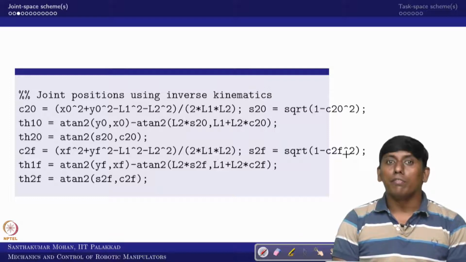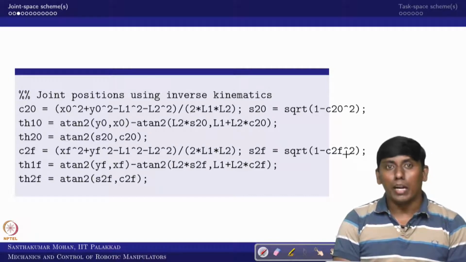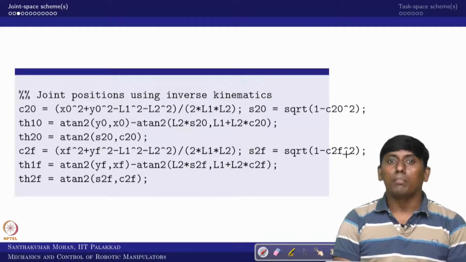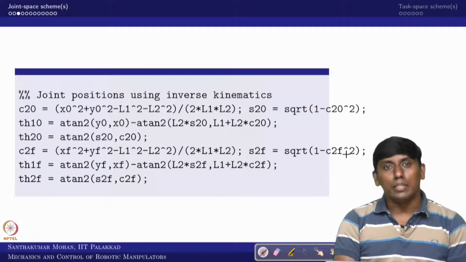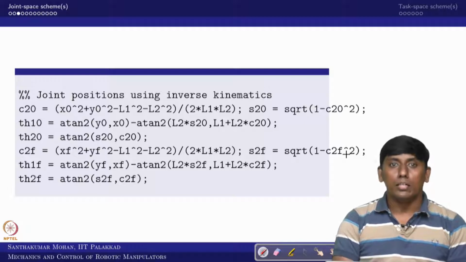From there we can find theta 10 and theta 20. I could have written it as a sub function, however if I write a sub function straight away in MATLAB, some of you may not be familiar. That's why I have written explicitly here theta 10, theta 20, then theta 1f and theta 2f.